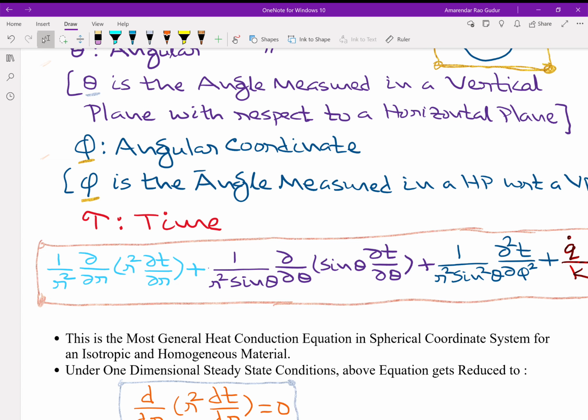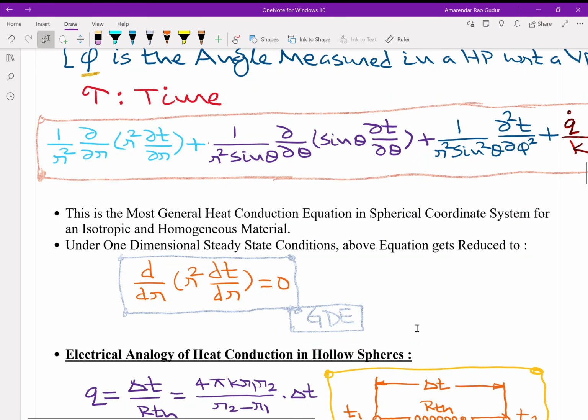You may note that this is the most general heat conduction equation in spherical coordinate system for an isotropic and homogeneous material. When I say isotropic and homogeneous material, its properties will be uniform everywhere. The only property which we talk about is thermal conductivity, which is going to be the same in all the directions.